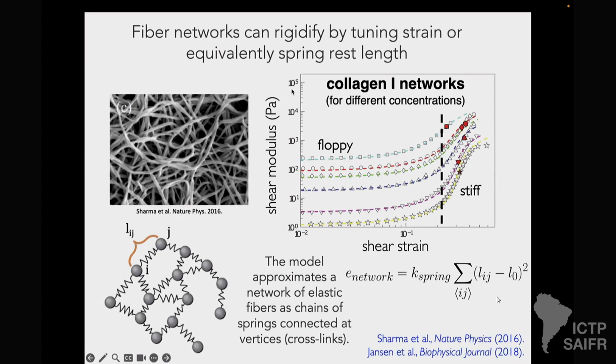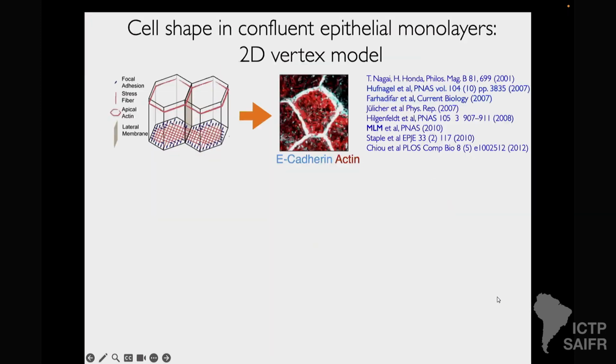But what you see, on a log scale, is that there's a critical strain at about this dashed line at which the system stiffens by orders of magnitude. And so we think that this is another example, I'll explain why, of a system that rigidifies due to second order rigidity. And the thing that my group has studied a lot is vertex models for biological tissues.